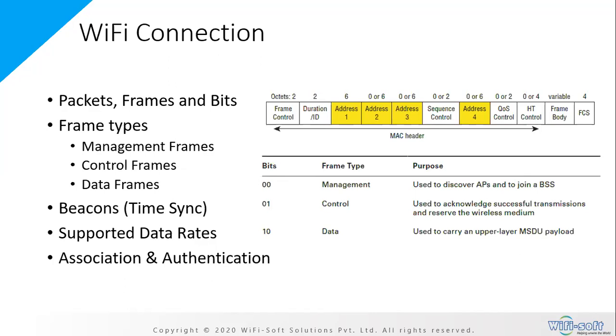That is used primarily to sync the clock between the client device and the access point. The syncing of the clock is extremely important in Wi-Fi, because there is actually a special timer working in both the client and the access point, and that needs to be constantly kept in sync. That is the role of a beacon.